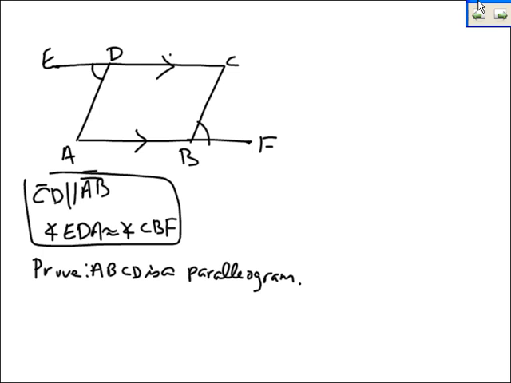So what we can then prove is that angle 1 and angle 2 are equal because they're supplementary to those two equal angles. Okay, so angle 1 and angle 2 are equal.